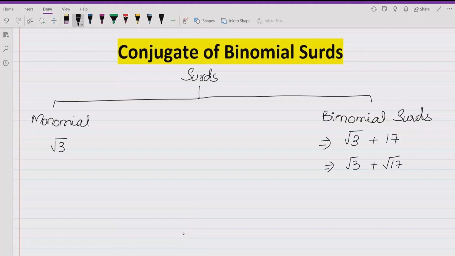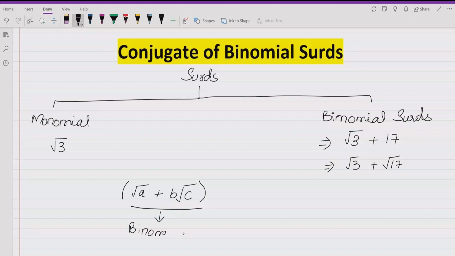So these are the examples of binomial surd. Now we will see, if we have the conjugate of binomial surd, how we will solve both of them. Let's suppose we have root a plus b root c. This is a binomial surd expression.